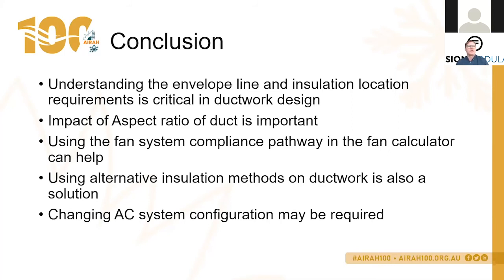If space B was a non-conditioned space and was never air conditioned and air conditioning is not ever on, then it would apply the insulation requirements for a non-conditioned space, so all other spaces. So I hope that answers that question.